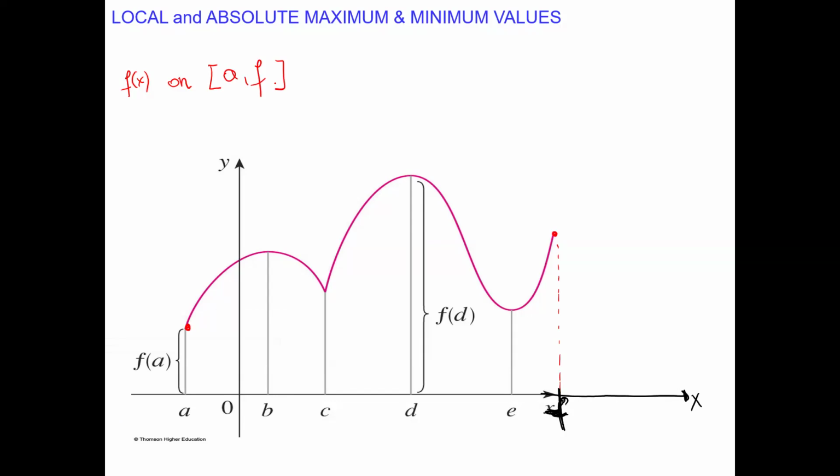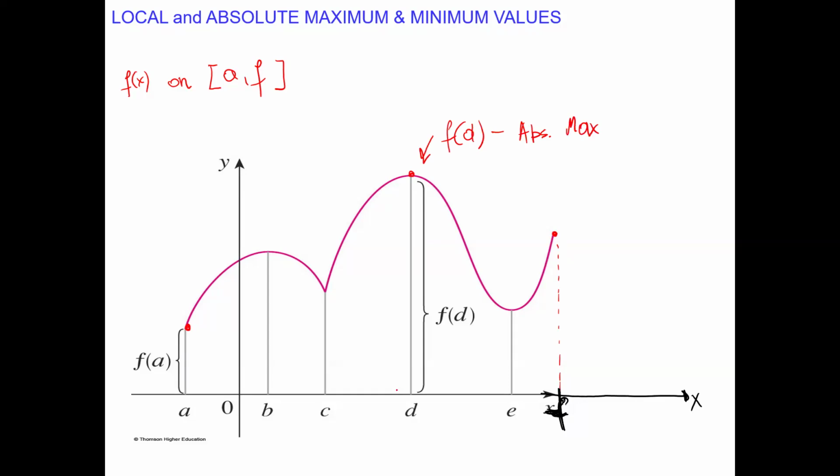Let's look for the absolutely highest point and absolutely lowest point, because this is a little bit easier. We're looking at the x value where the corresponding y value is the highest. Everything else is below. We may notice that this point, the value at d, f of d, is the absolute maximum.